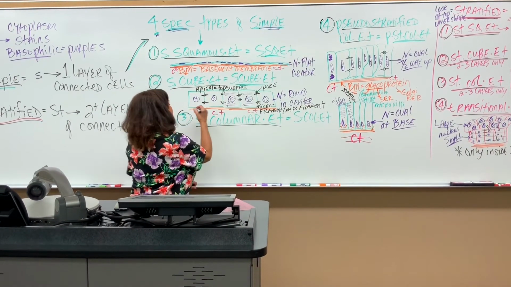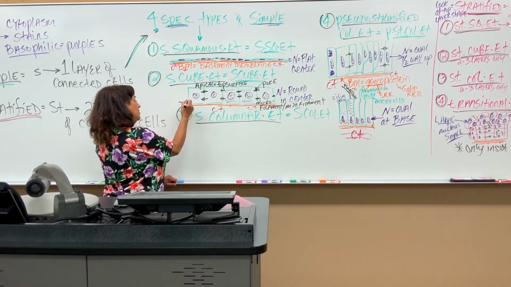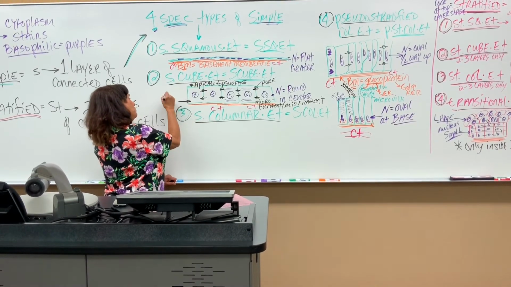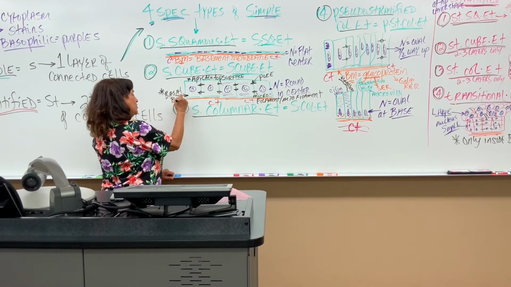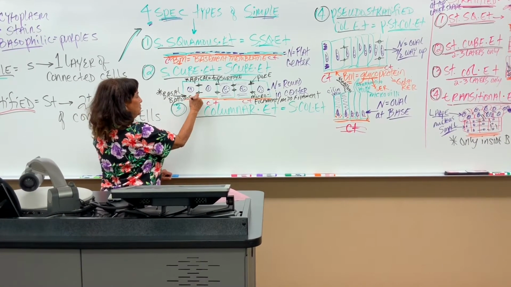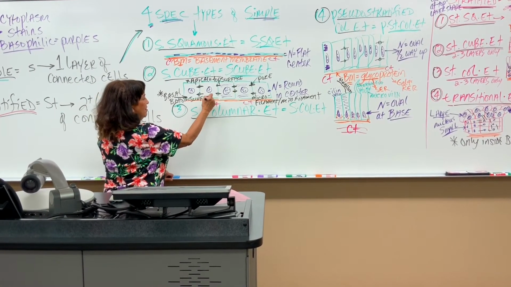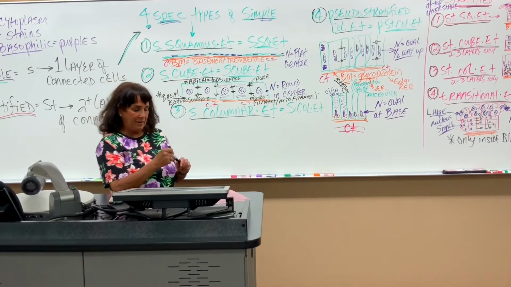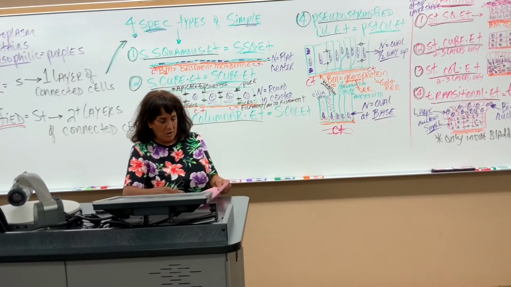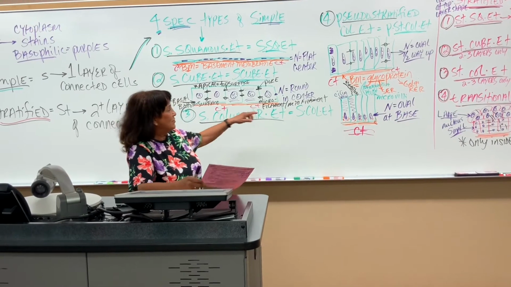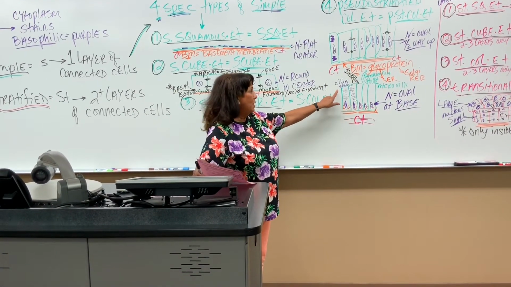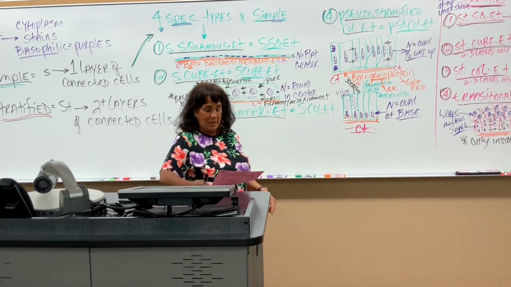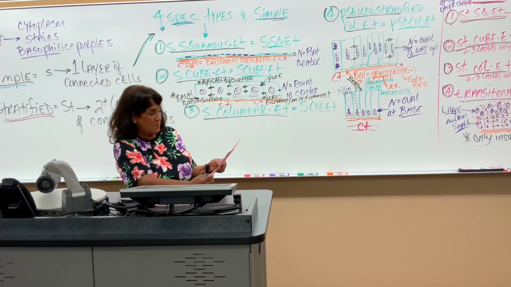And then basal, right here, basal is the bottom surface of the cell. The bottom surface, right down here, okay? And so they always have the 2 surfaces, top and bottom, apical, basal, or apex, base, right. All right, so that's number 7.